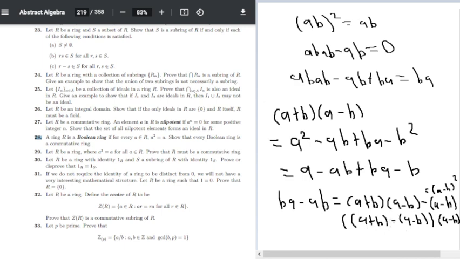So from here, we can do subtraction. So we have a, this subtract a. Let me double check that I have this all correct, because this is potentially kind of huge. Okay, so (a plus b)(a minus b) is equal to a squared minus ab plus ba minus b squared, which is equal to a minus ab plus ba minus b.